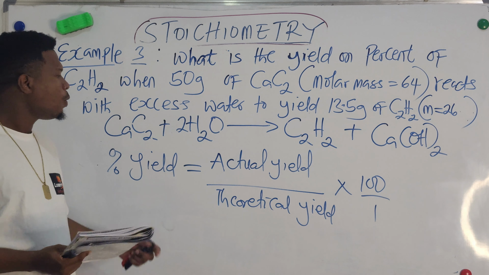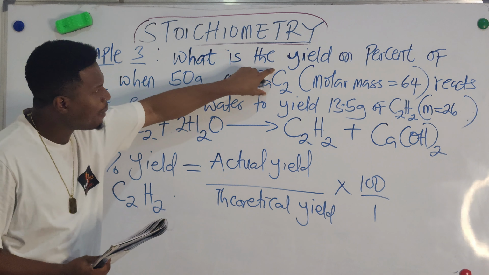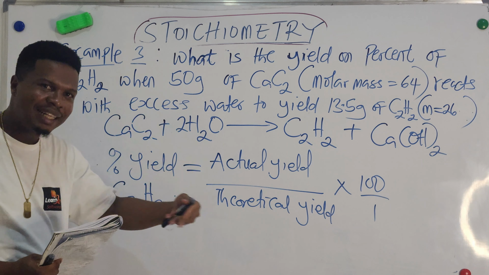What is the yield on percent of ethyne when 50 grams of calcium carbide, which is the reactant, reacts with excess water, meaning that the calcium carbide is the limiting reactant, which will determine the product of the reaction. Okay? So 50 grams of calcium carbide react with excess water to yield, please watch, 13.5 grams of ethyne.